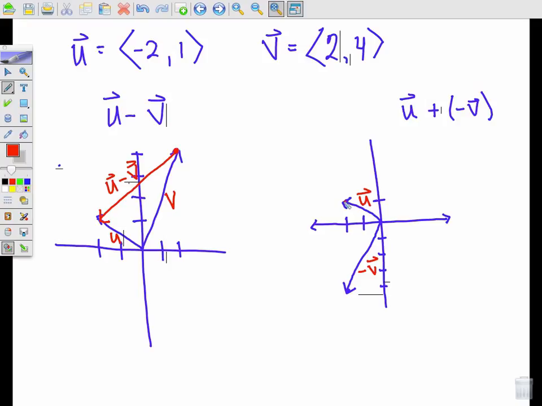So we've got u, and we've got negative v. And in order to do the subtraction, you start at the end of the first vector and go to the end of the second. Oops, that's not looking very good.